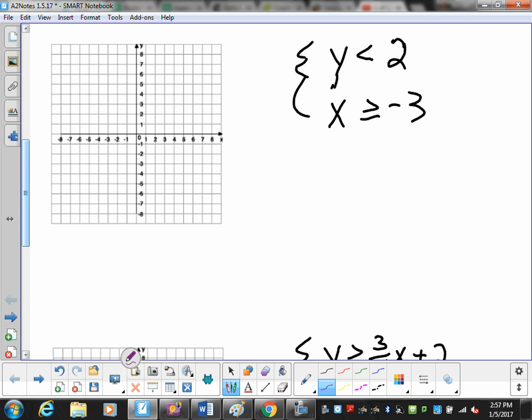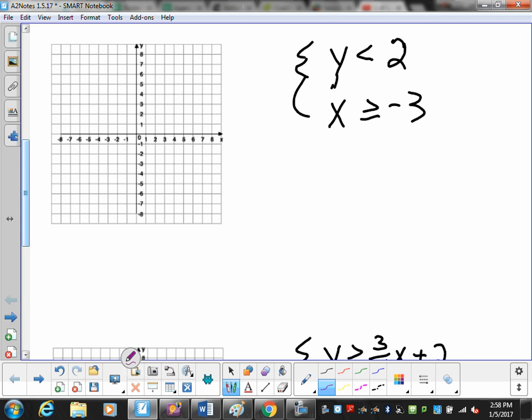Because there's not a slope on the first one, but we do have a y-intercept, that's going to be a horizontal line. Because the second one only has an x, it's going to be a vertical line. So what you're dealing with when there's only one variable is either going to be a vertical line or a horizontal line. You won't have any slope or slant to it.